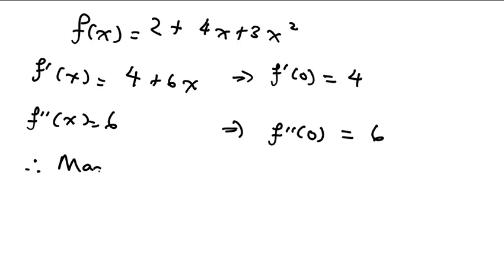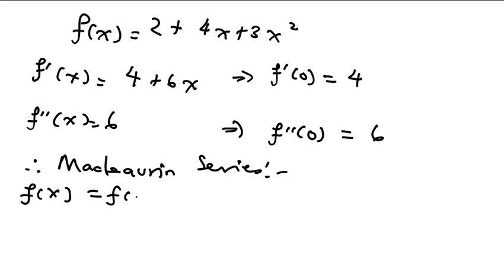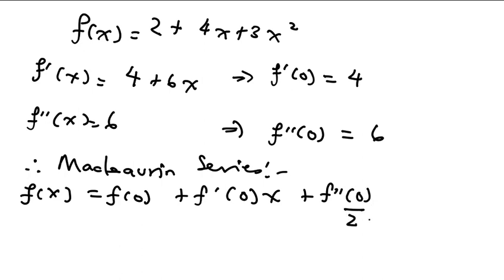Therefore, Maclaurin series is given by this. So f(x) equal to f(0) plus f prime 0 over 1 factorial, but it's just equivalent to 1, so I don't write it here, times x plus f double prime 0 over 2 times x squared.